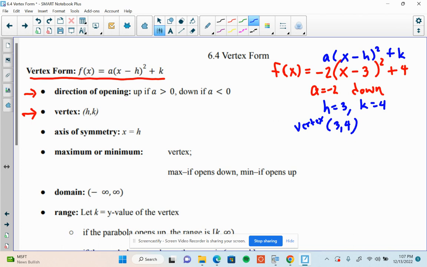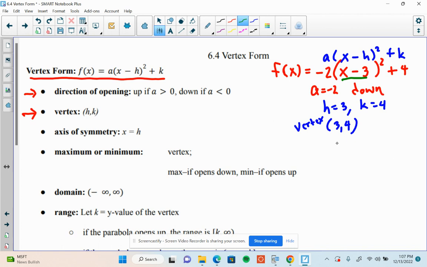So let's talk about why that happens that way. When we have a real number squared, notice the square right here, the smallest that can get is 0. And when is that going to be 0? When x minus 3 is 0.